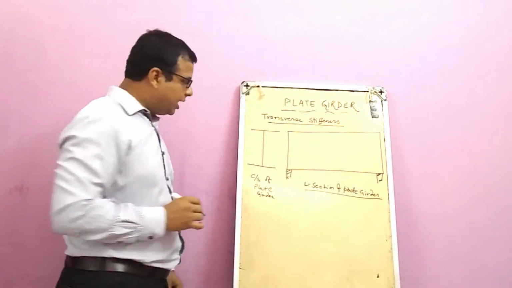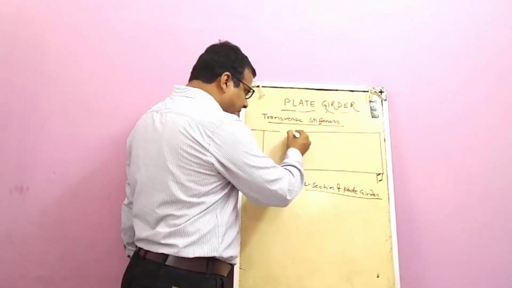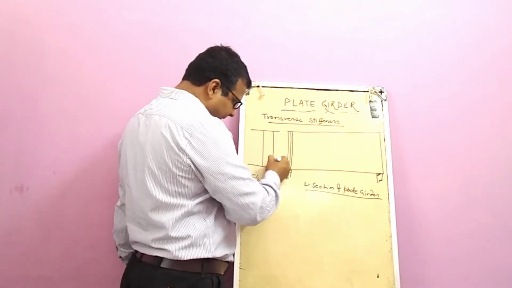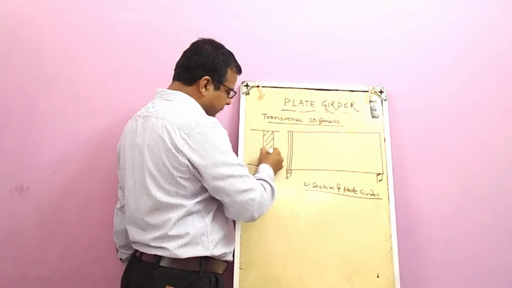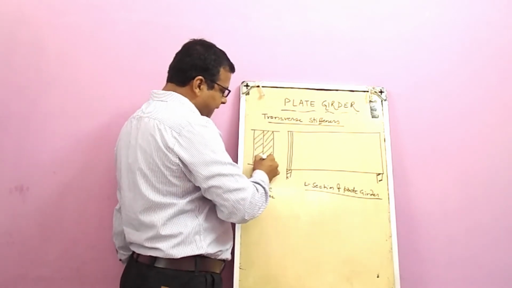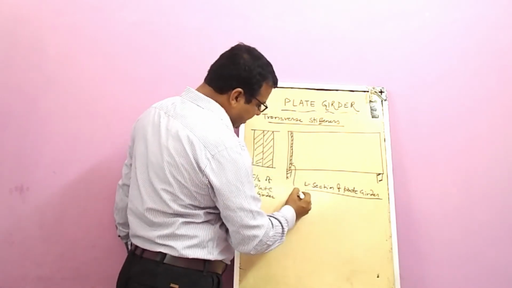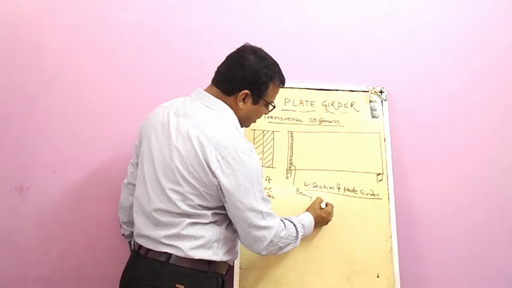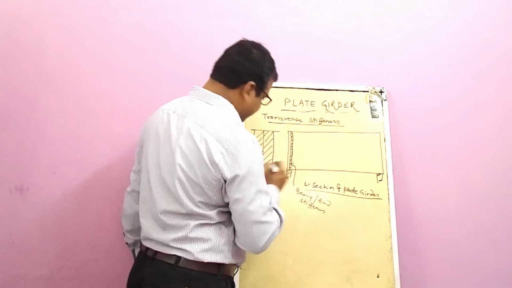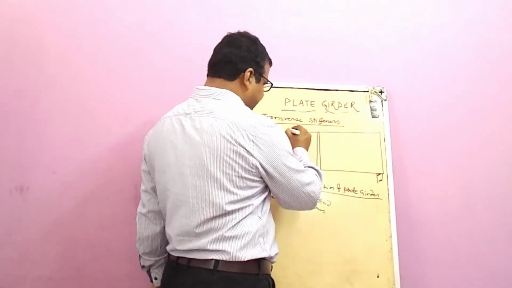Now at the bearing, what we will do is provide an additional plate on both sides. If I am drawing, this is the bearing or end stiffener.